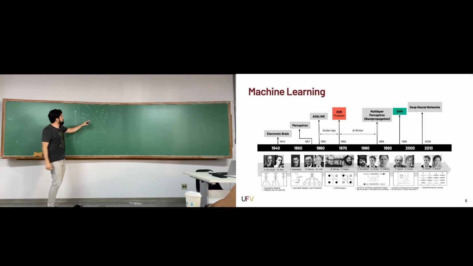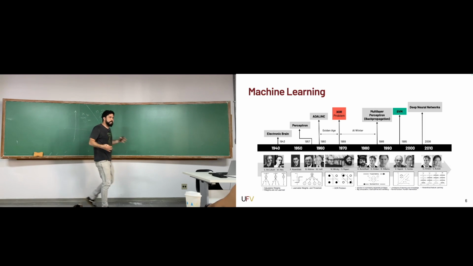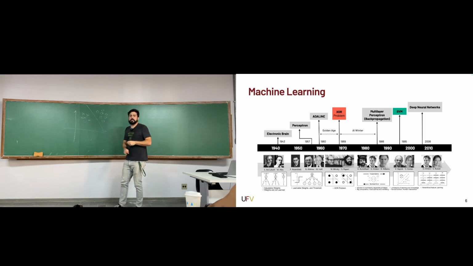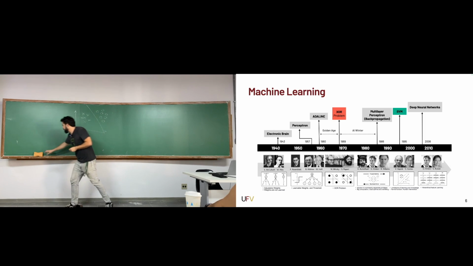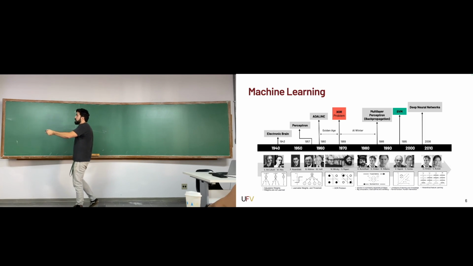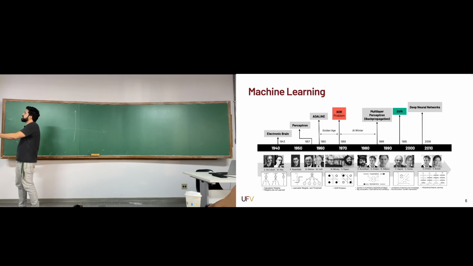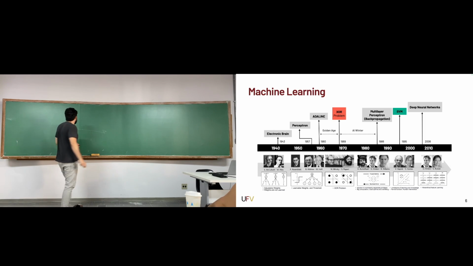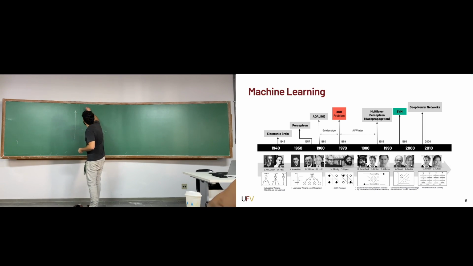So we call these kinds of problems linear problems, because there is a line that separates the data. But some problems might not be linearly separable, and these kinds of problems the perceptron couldn't solve. And that's what Minsky showed with a very simple example, the XOR problem.